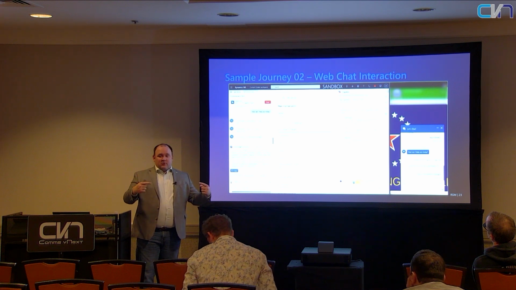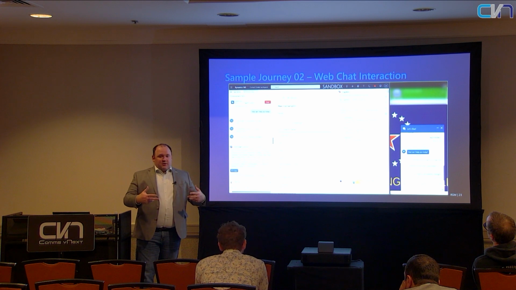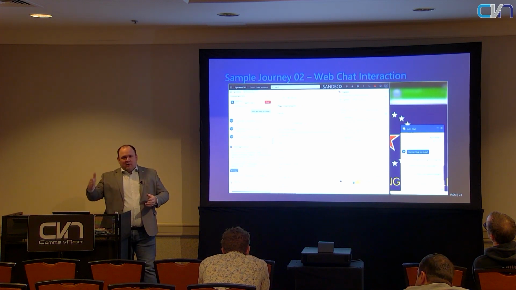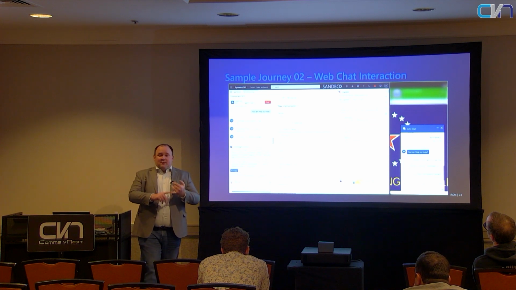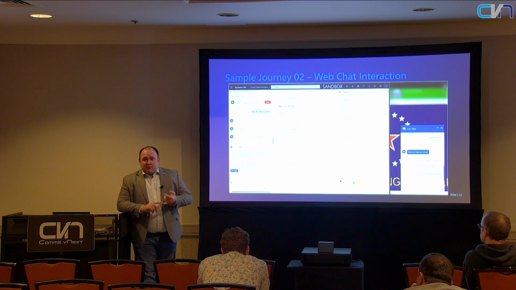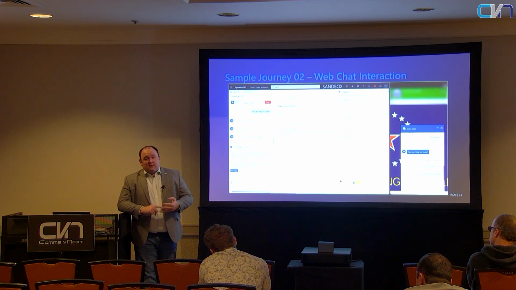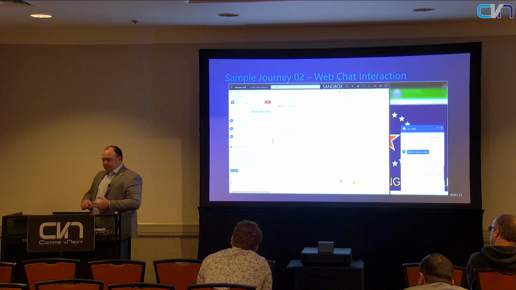It will spin up a trial environment for you. You can technically do it on a production environment, but I'd recommend you have a separate account or a burner type trial version for it. The trial version is fully functional with the exception of one thing: you can't place outbound phone calls from it. You can have call-in up to 30 minutes during that month, unlimited SMS, and you can program as many web chat interactions as you want.